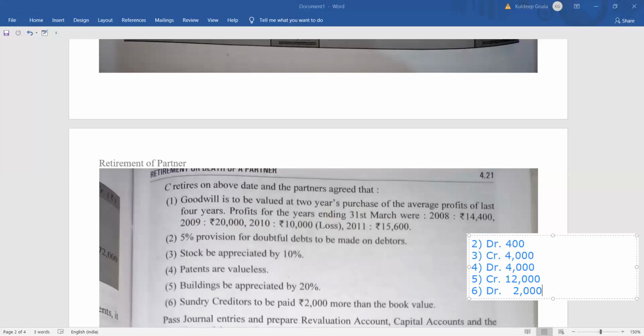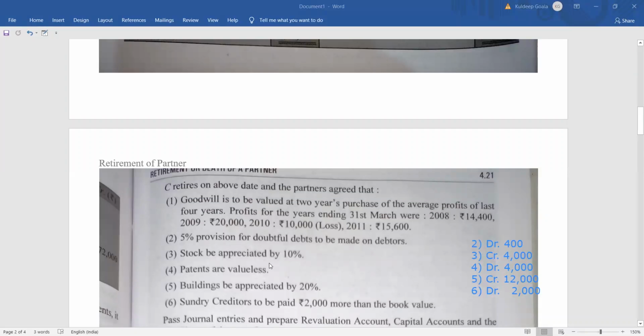Right? So this is how your adjustments related to the revaluation account will be done. So what are you getting here? You can see what is happening.